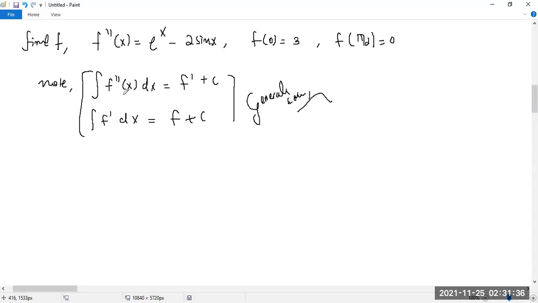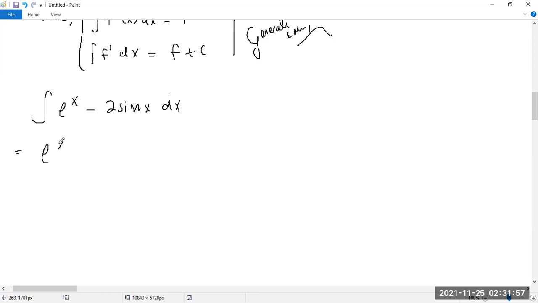So essentially what you would do is first take this and put it into the integral to get f prime, and then from there you would get f. So if I were to put it into the integral function, I would have the integral of e to the x minus 2 sine x dx. So this would essentially be e to the x minus 2 times the integral of sine of x.